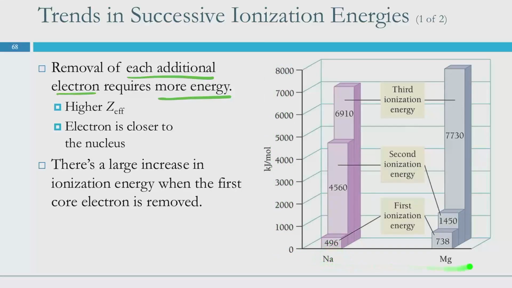Sodium and magnesium are right next to each other on the periodic table. Sodium has a really low first ionization energy relative to the other bars on the graph. Then the jump to the second ionization energy is huge, especially if we compare it to magnesium. It's got a bigger first ionization energy, but its second ionization energy isn't very big. And then its third ionization energy is massive.